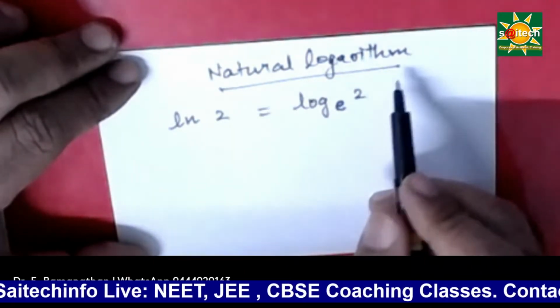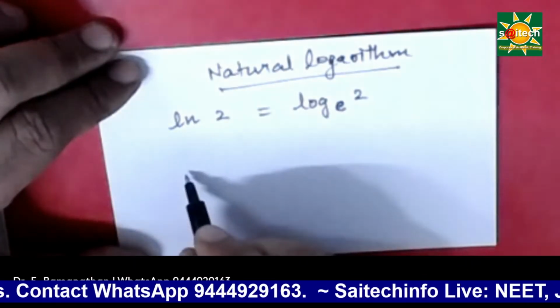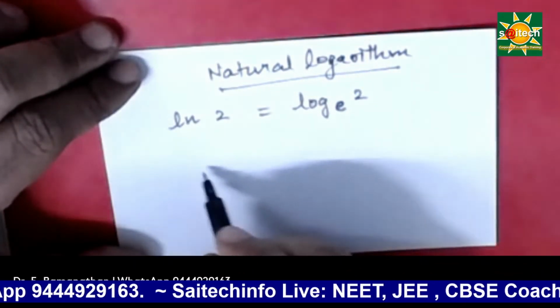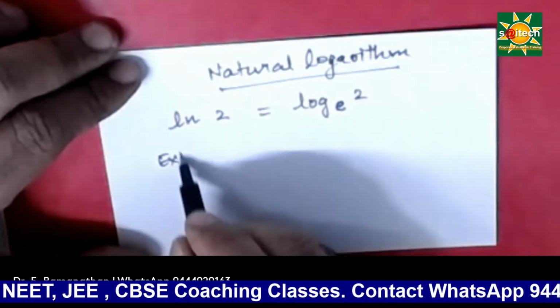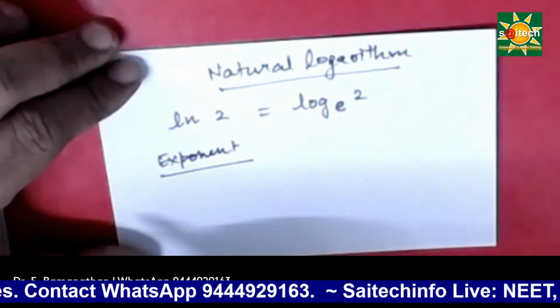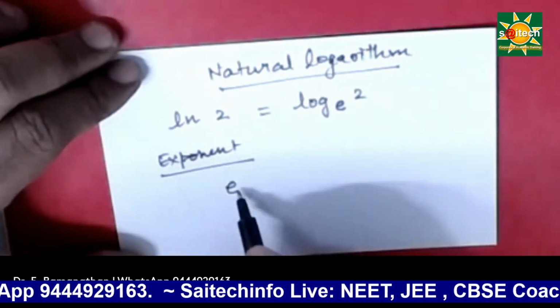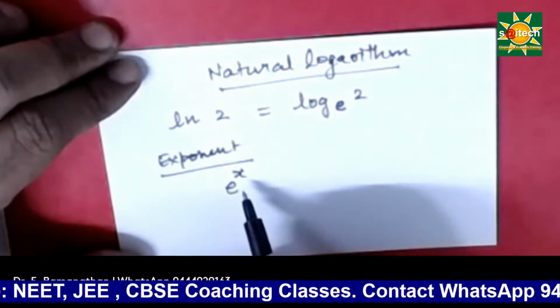These are all called natural logarithms. For instance, you know something about the exponent. Okay, so this is represented as exponential term e power x. Are you able to follow?